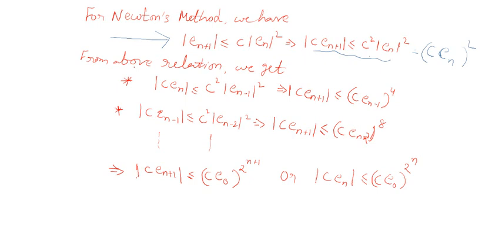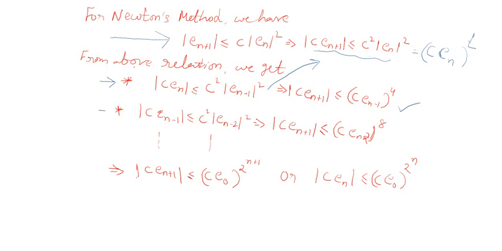If you replace n by n minus 1, you will get this. Combining with this inequality, it implies mod of C times En plus 1 is less than or equal to C times En minus 1 to the power 4. If you look clearly, it is 2 to the power 1 here, and 4 is 2 square.